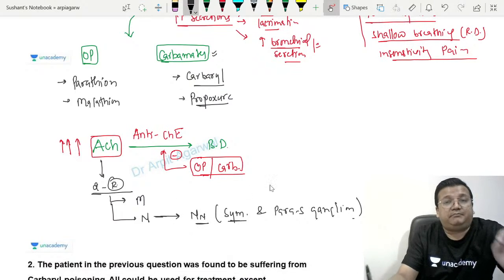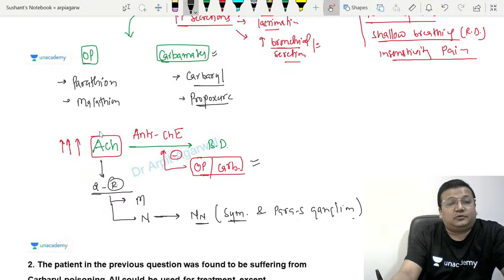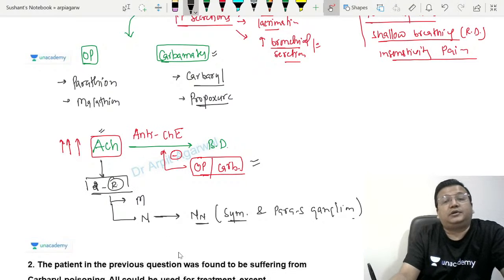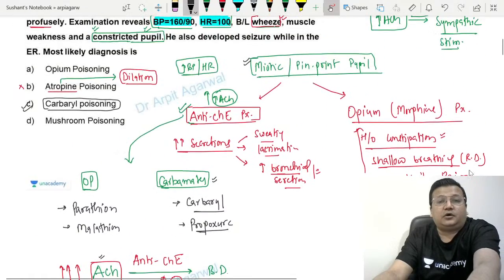That is why, when you give these drugs, acetylcholine increases, and nicotinic stimulation can stimulate the sympathetic system, and therefore you can have an increase in heart rate or BP.